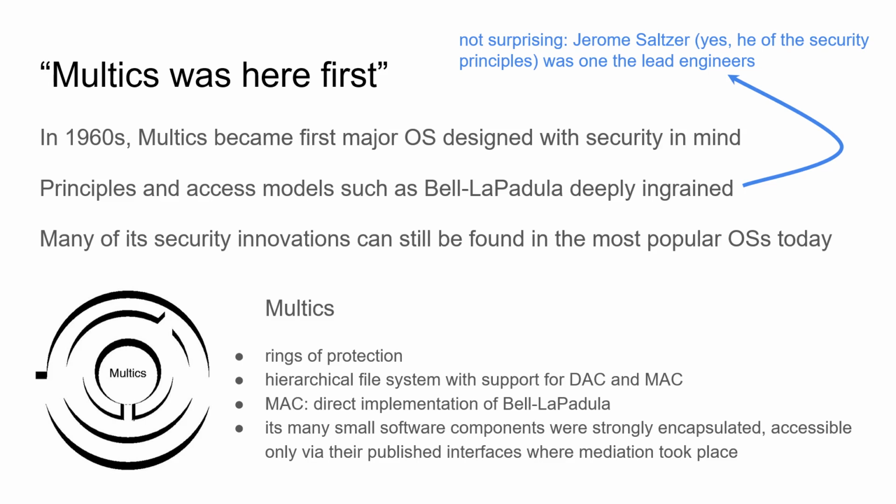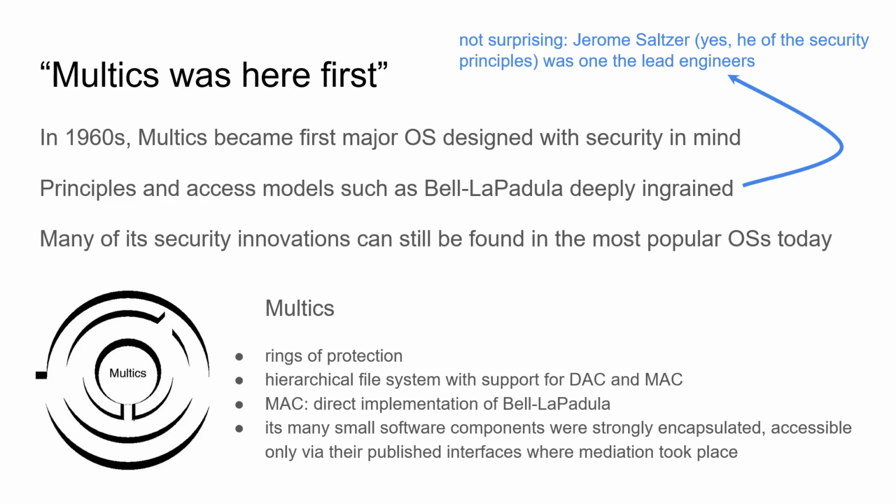Multics, for instance, introduced these rings of protection so that you have your operating system or your hypervisor running at a ring of more privilege than your user processes. It introduced a hierarchical file system with support for discretionary and mandatory access control, where the mandatory access control was a direct implementation of Bell-LaPadula.